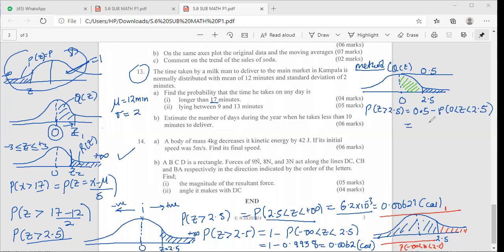Calculator. Now, before you get a calculator, press Q and then substitute in 2.5 in Q. I want to hear the answer you're getting. It should be 0.49938.